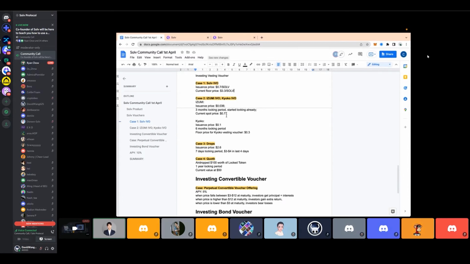And the second case is the IZUMI IVO and Kyoko IVO. Like IZUMI, today we have the IZUMI team participating in this community call as well. So they will talk a little bit about the details of the BSC IZUMI vesting voucher. But here I take IZUMI as an example.